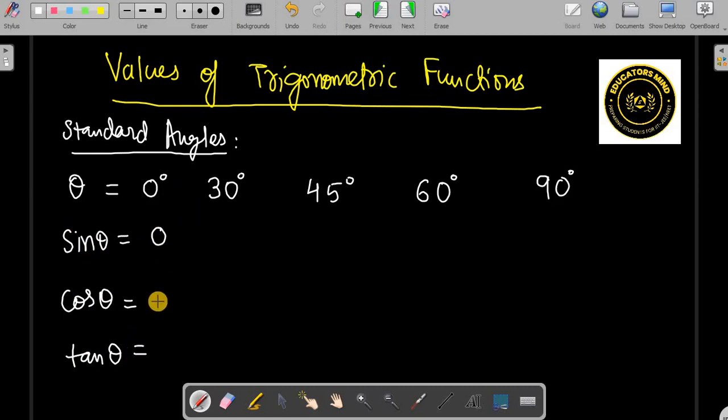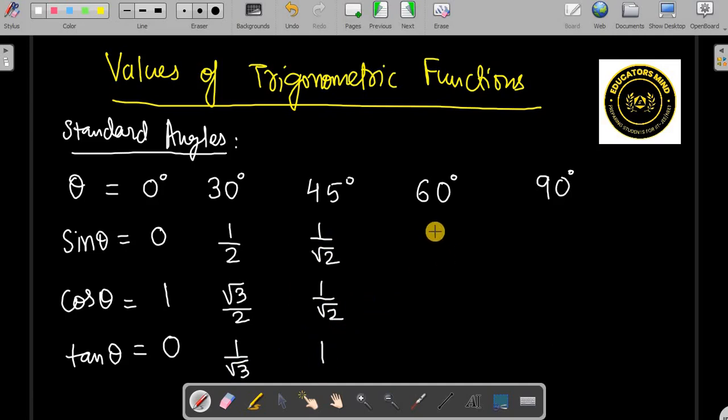Sine 0 degree is 0, right? Cos 0 degree is 1, tan 0 degree is 0 because tan is the ratio of sine by cos. Sine 30 degree is half. Cos 30 degree root 3 by 2, and tan 30 degree is 1 by root 3. Similarly, sine 45 degree 1 by root 2, cos 45 degree 1 by root 2, tan 45 degree 1.